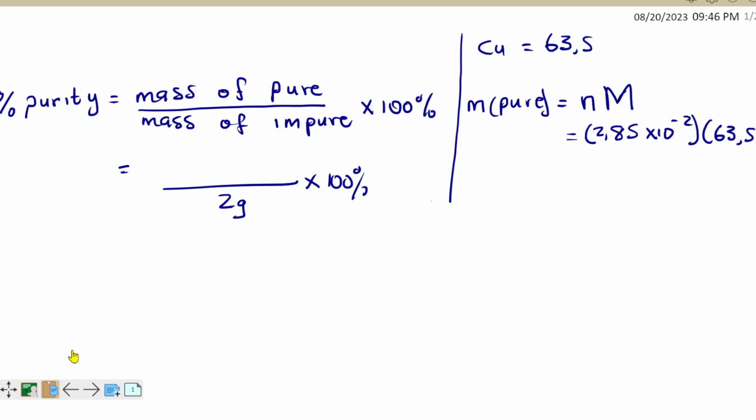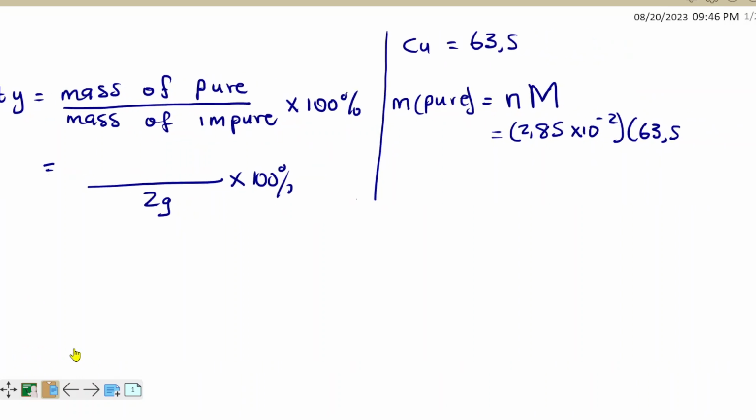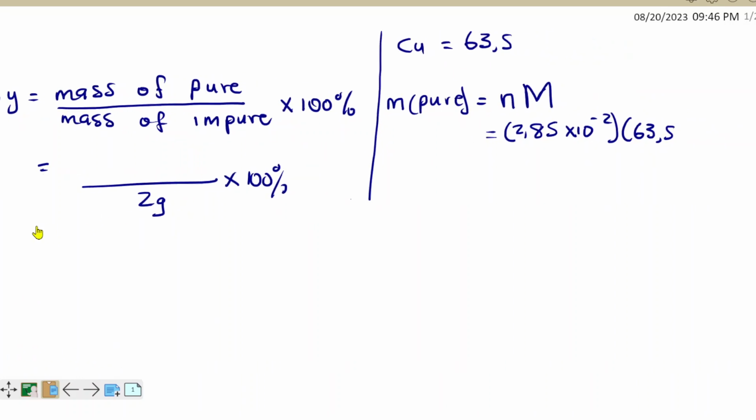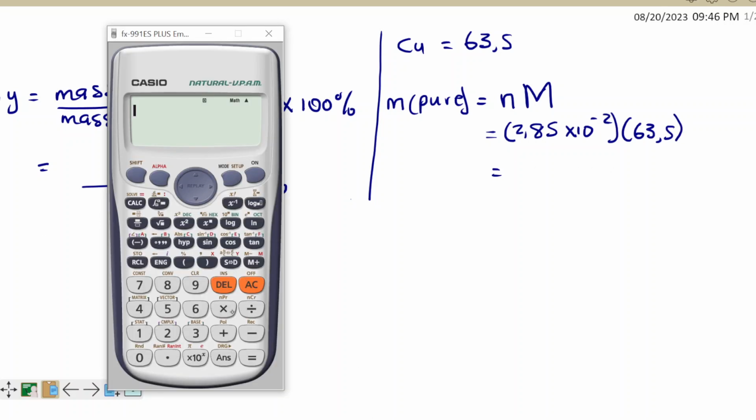So let's find quickly what the mass of the pure is: 2,85 exponent negative 2, multiplied by 63,5.